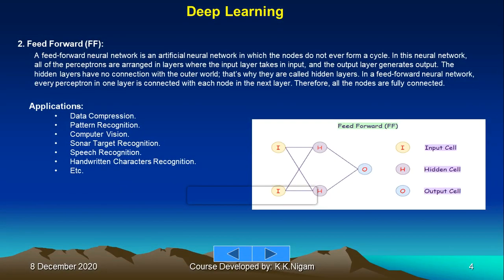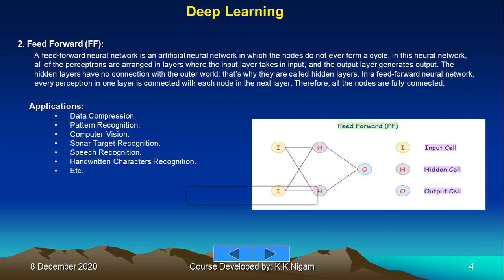Feed forward. A feed forward neural network is an artificial neural network in which the nodes do not ever form a cycle. In this neural network, all of the perceptrons are arranged in layers where the input layer takes in input and the output layer generates output. The hidden layers have no connection with the outer world.